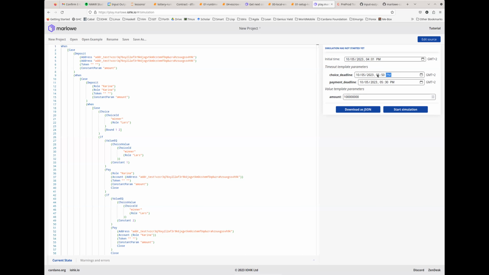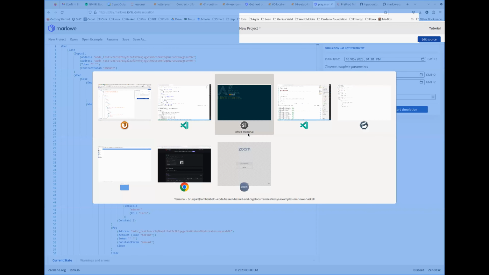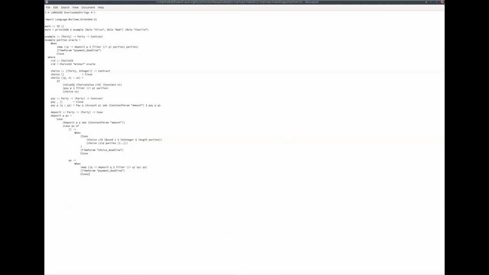Obviously, you would have an app with a nice UI that hides all these details. So in practice, it wouldn't be so horrible. Okay, and now I can say download as JSON. And this is now downloaded, so it will be somewhere on my machine.